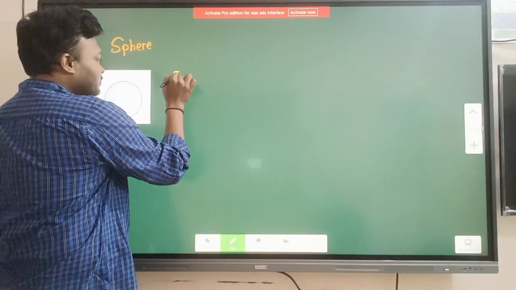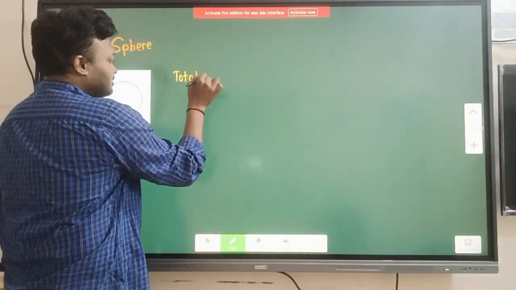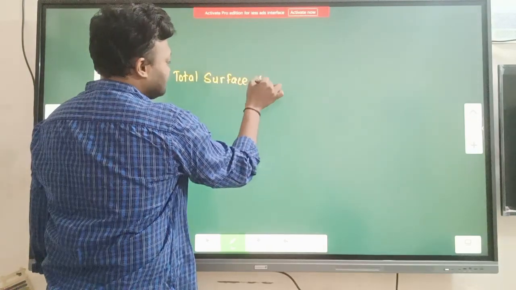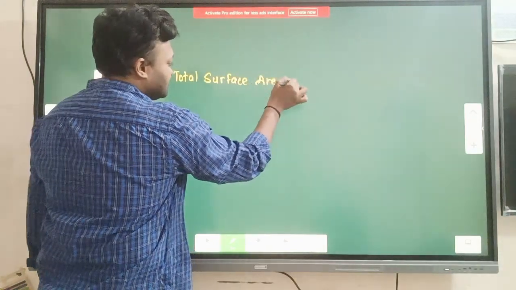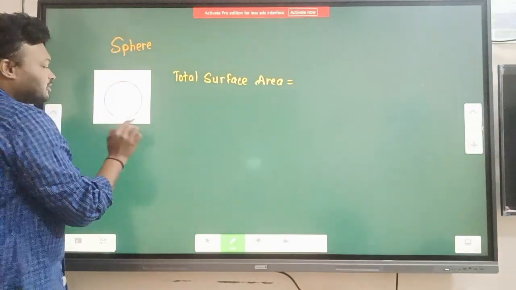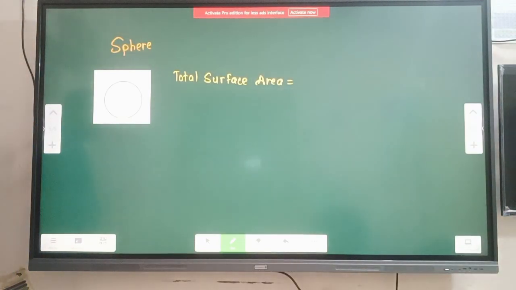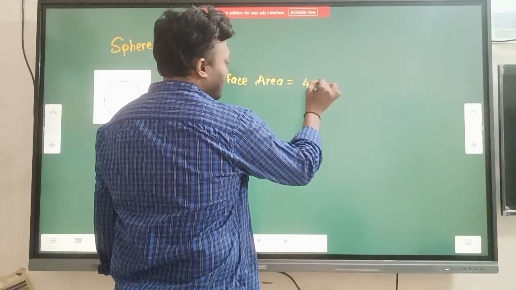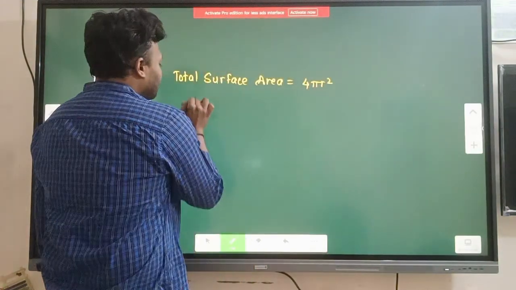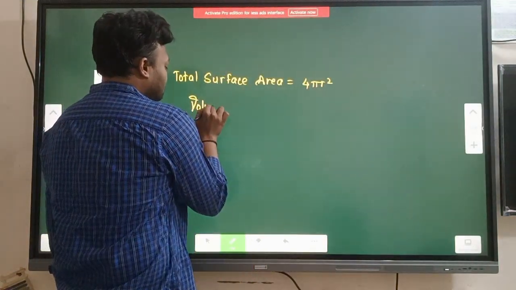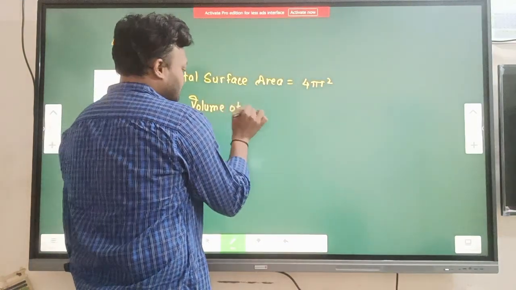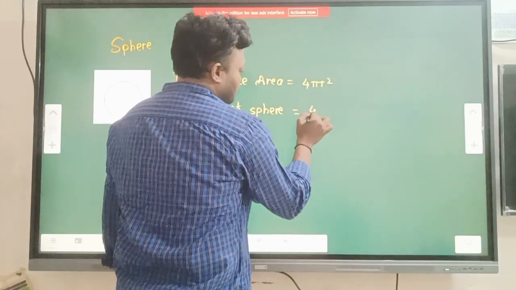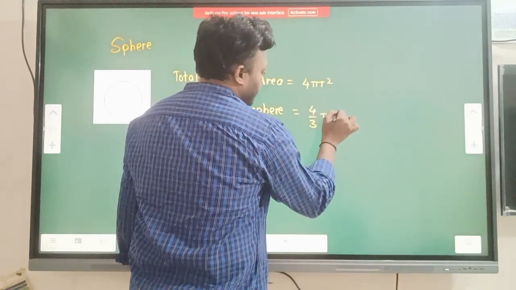It has only total surface area. Anybody knows why it has only total surface area? Because there are no top and bottom areas for a sphere. So the total surface area of a sphere is 4 pi r square, and the volume of a sphere will be 4 by 3 pi r cube.